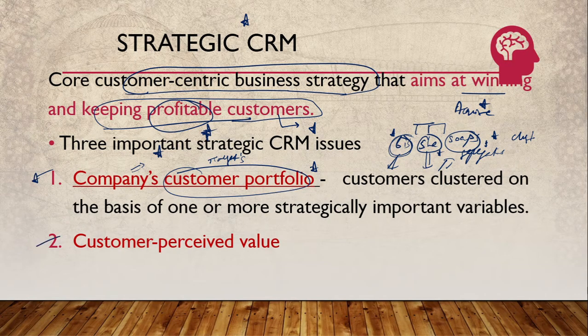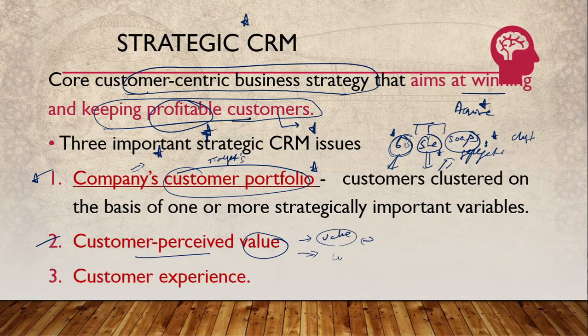The second method is to understand how the customer is viewing the value that is being generated for him. This is also essential for maintaining the strategy. When you work on this customer perceived value, you will know how the customer is viewing the value that is being generated for him. The third way is to know the customer experience: how the customer is having the experience and how you can enhance it.